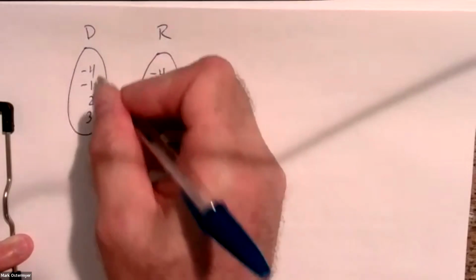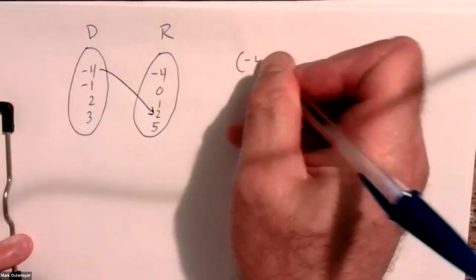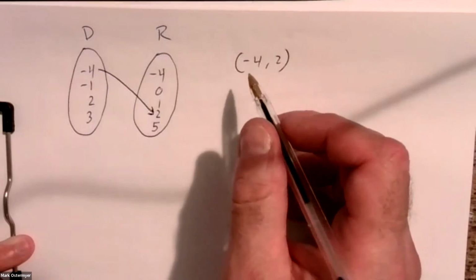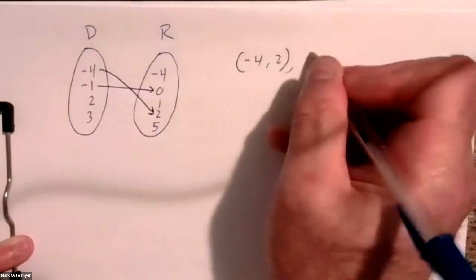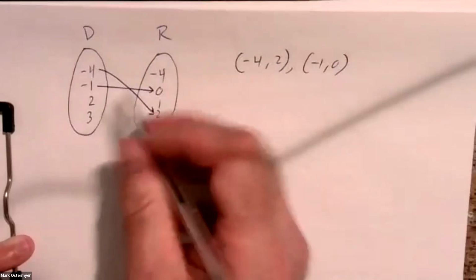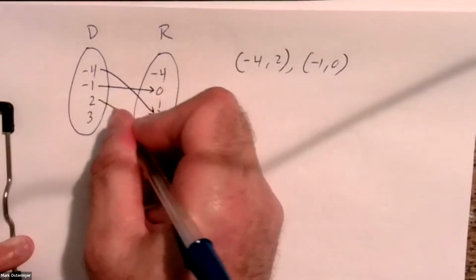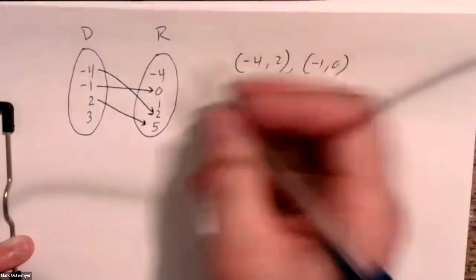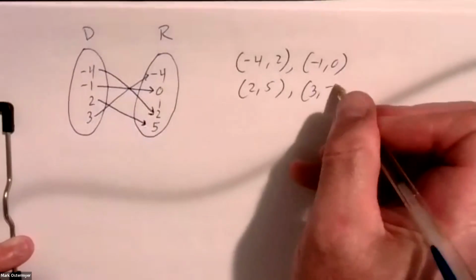So suppose that -4 gets mapped to 2, hence we would have -4, 2 as one ordered pair in this relation. -1 gets mapped to 0, so -1, 0 is another ordered pair. 2 gets sent to, let's say, 5 down here, so 2, 5, another ordered pair. And let's say 3 gets sent to -4 up here, so 3, -4.